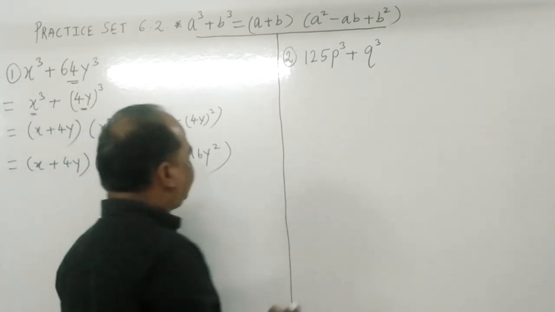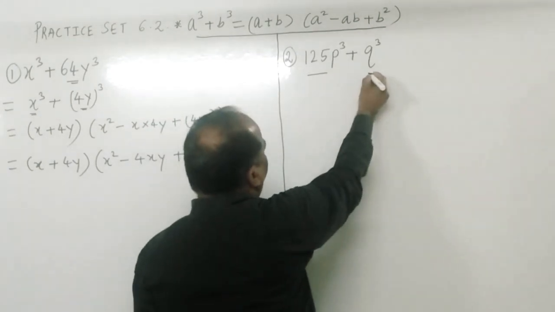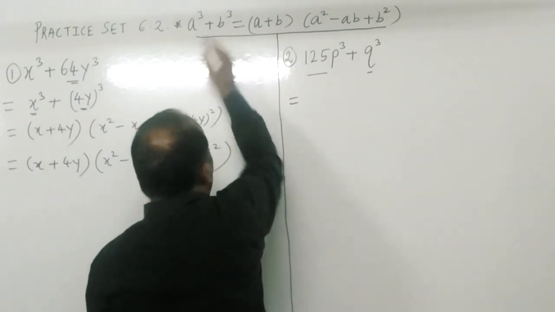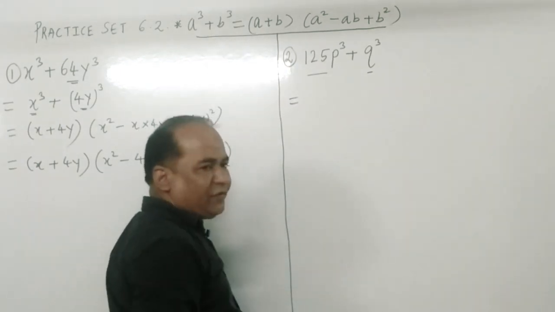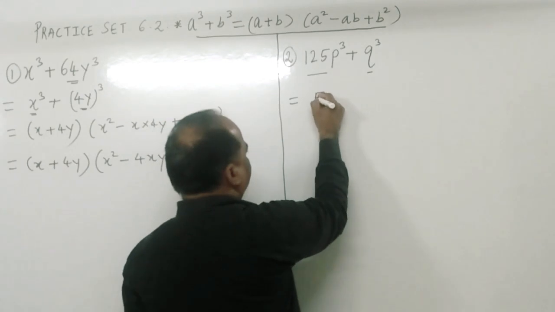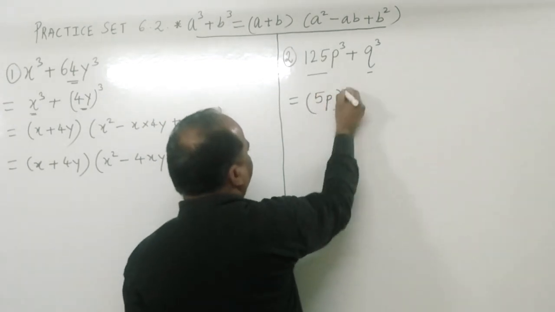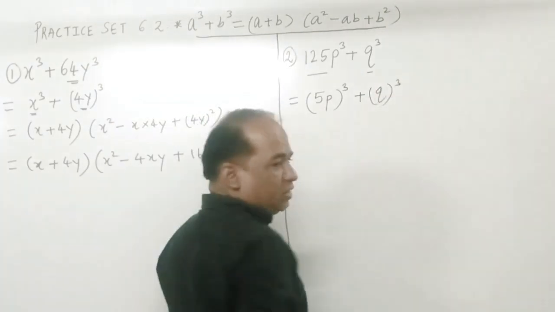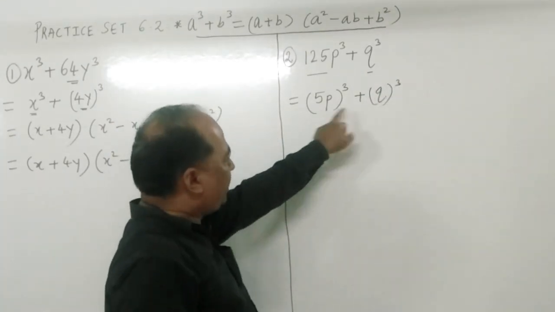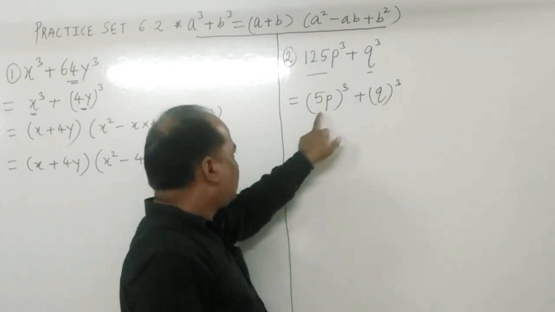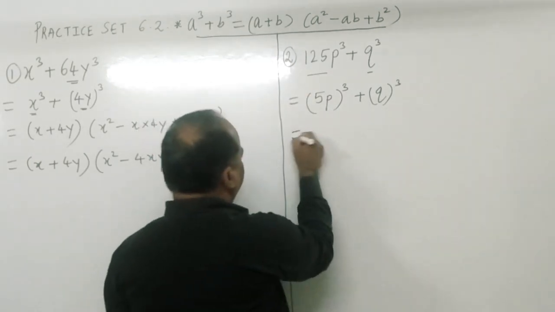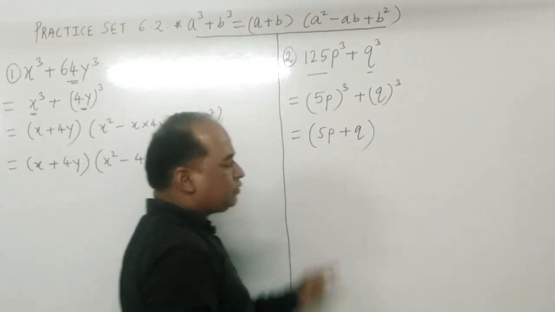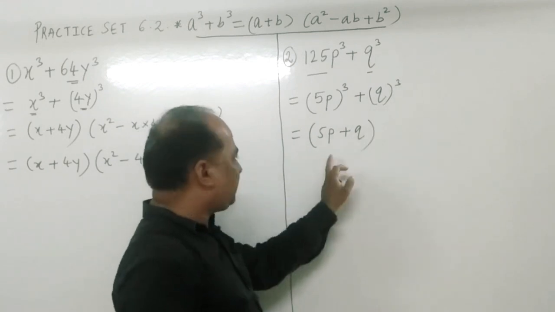Now the second example, 125p cube plus q cube. First we write in the form of a cube plus b cube. 125 is the cube of 5, so (5p) cube plus q cube. Here a is equivalent to 5p and b is equivalent to q. So first bracket a plus b, that is 5p plus q. Now the second bracket you have to derive from the first bracket.